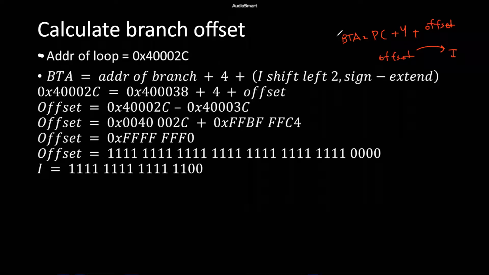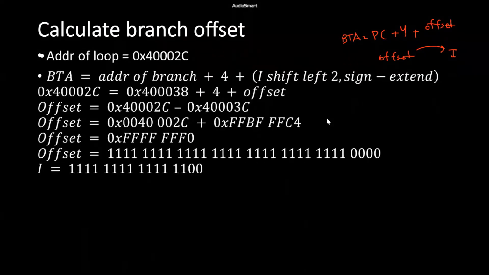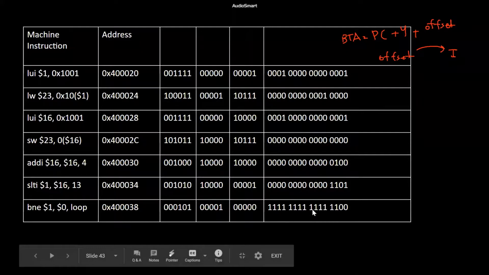So here, if I go back, this value here, this is I. This is the 16 bits that we have. This is what we are actually saving in the instruction. Offset is actually the amount that we are adding to this formula to get to that target address.